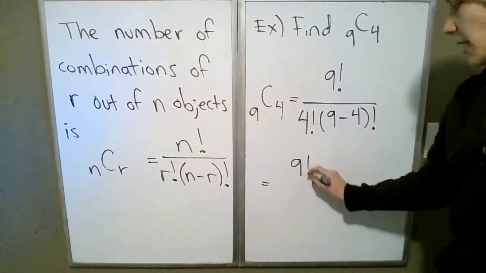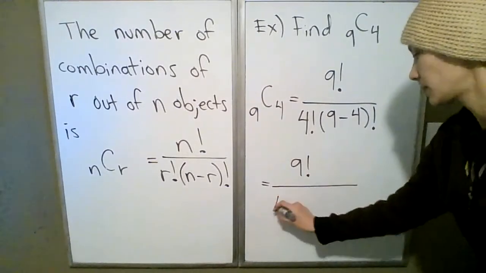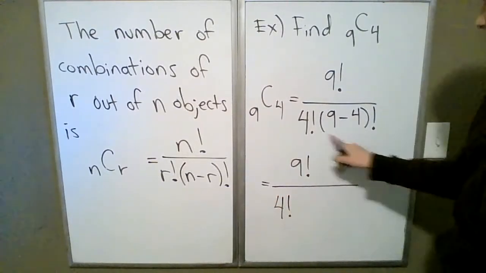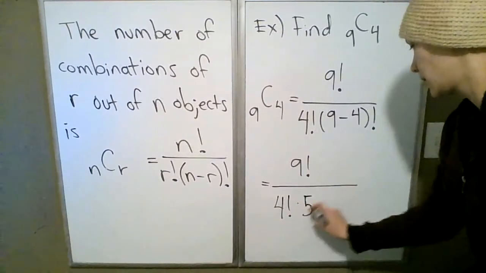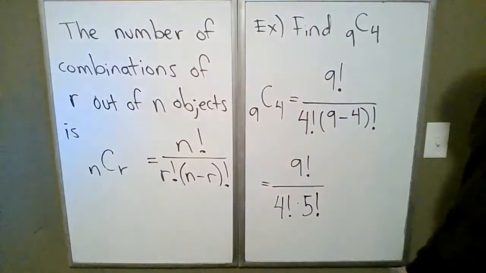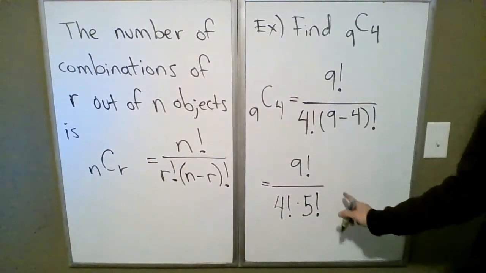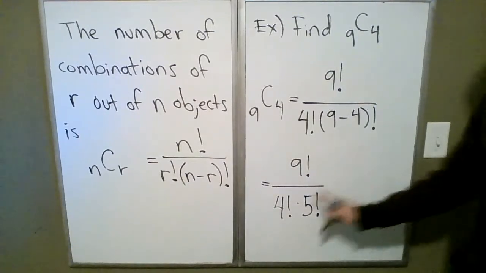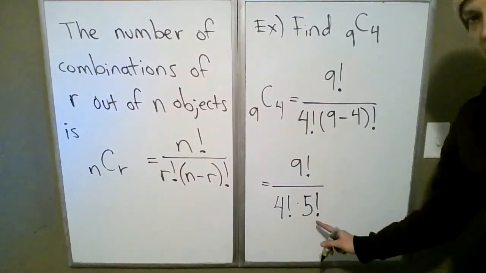So there's 9 factorial, and it's divided by 4 factorial multiplied with 5 factorial. Okay, we're going to keep on working on this by expanding the numerator, and then we're also going to do the same to the denominator, and I'm going to keep each of these values in parentheses.